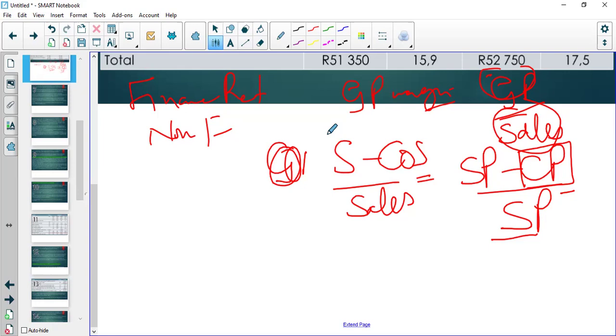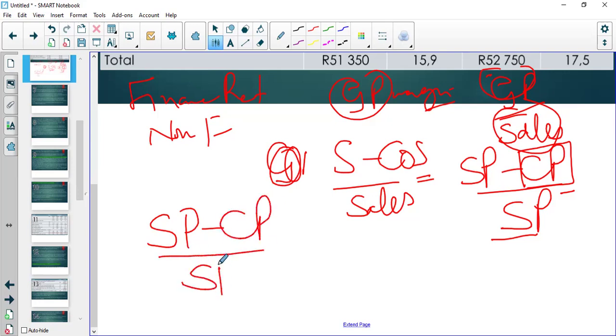So if my gross profit goes down and my gross profit margin goes down, right? There are possibilities of what might have happened. So it's either that my selling price decreased, right? So my selling price might have decreased and my cost per unit remained the same. So gross profit margin is going to go down.